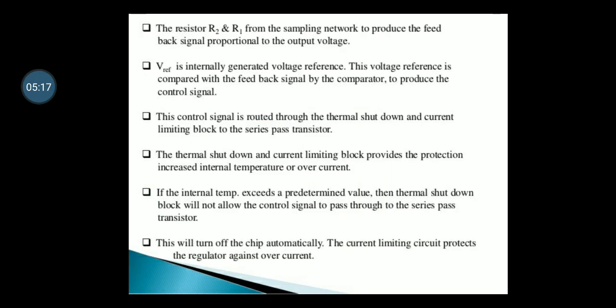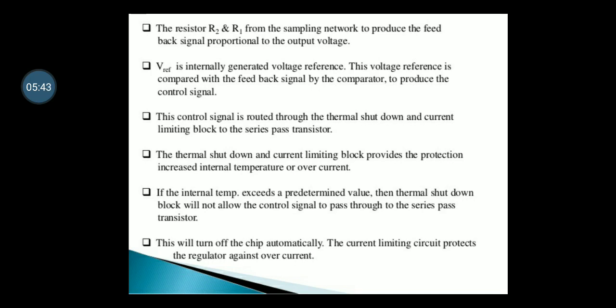Next, the resistors R1 and R2 form the sampling network to produce the feedback signal proportional to the output voltage. V reference is an internally generated voltage reference. This reference is compared with the feedback signal by the comparator to produce the control signal. This control signal is routed through the thermal shutdown and current limiting block to the series transistor.